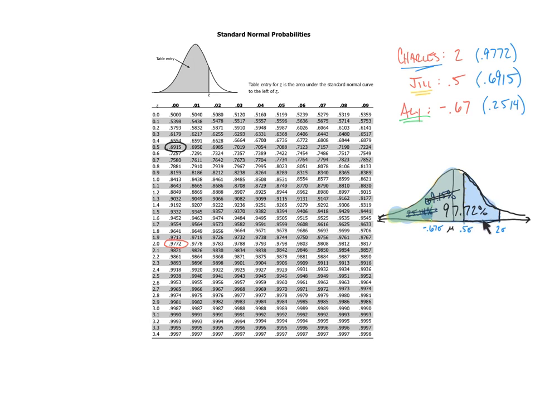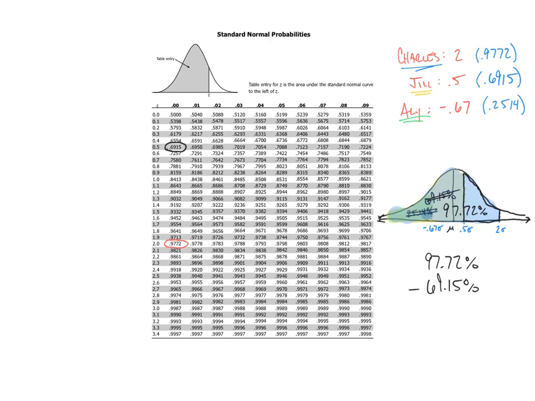So what can I do to find that number? Well, if that 97.72% includes all of this, then I want to take the amount of that data that is not this data. And so to actually make that calculation, what I'm going to do is take the 97.72% and subtract the 69.15% of the data where Jill's amount of data picks up, because I want to know just this portion of the data.